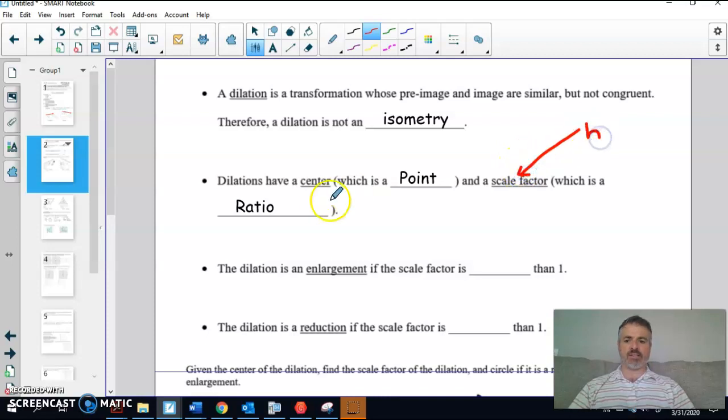Like I said, it is a ratio, which means it's a comparison of two values. So n is going to equal the image measure over the pre-image measure. It's always image over pre-image.